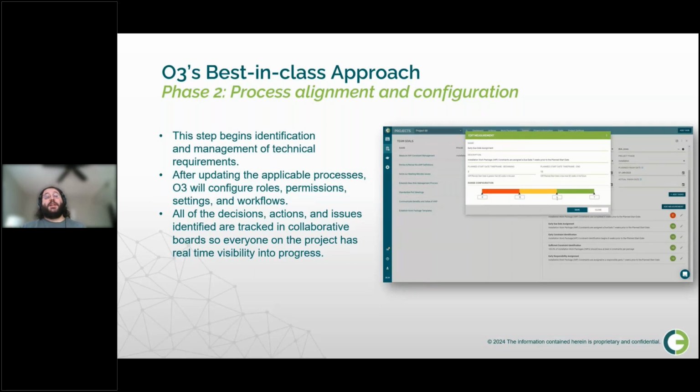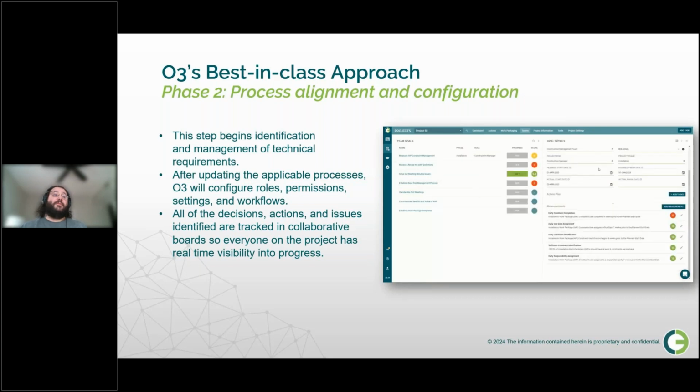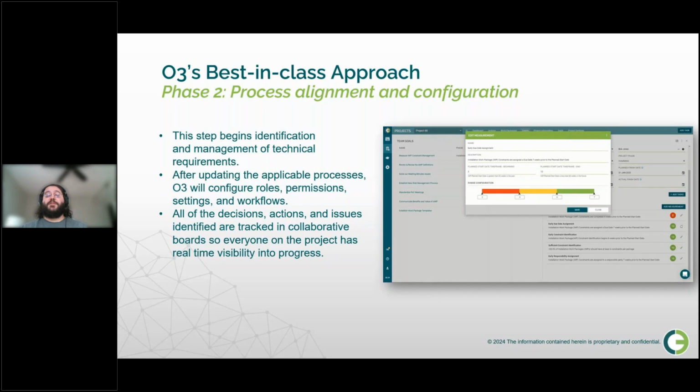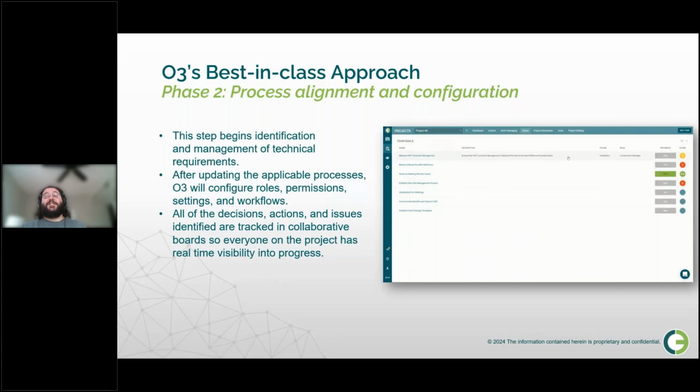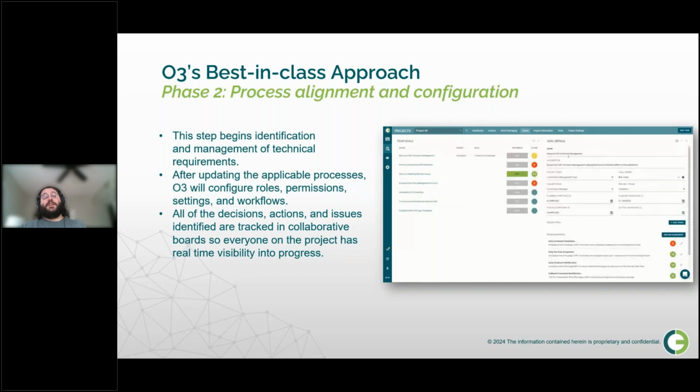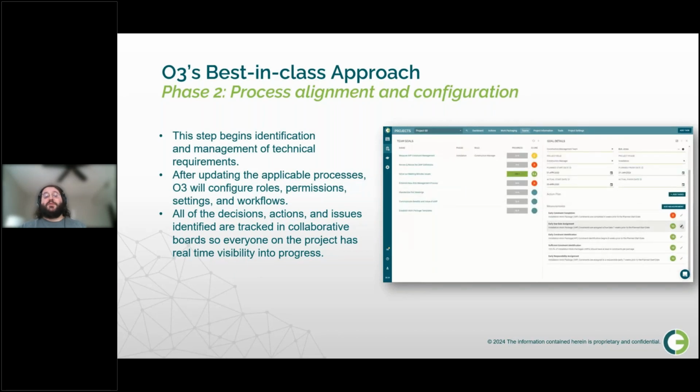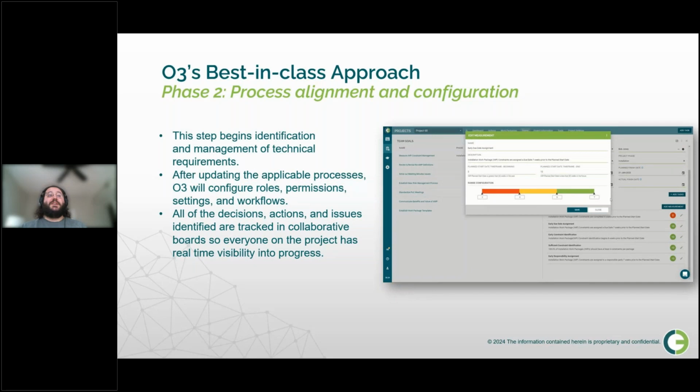Then we determine the types of access that each of your stakeholders are going to need, so that we ensure certain people are only seeing what they need to see, whether it's members of your team, contractors, etc. All these requirements, actions, and decisions will be tracked with team boards, which is O3's action management solution, to ensure that everybody stays aligned on the project team, and that all these actions are accessible to all the different people that are going to be involved in the implementation process.